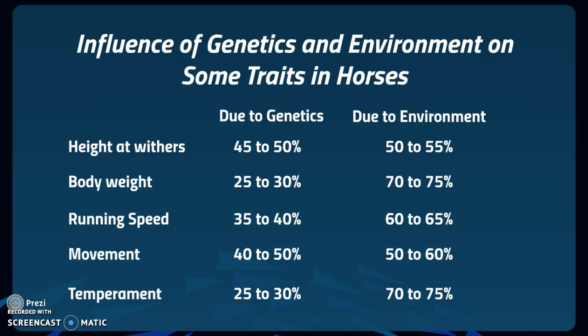Running speed, 35 to 40% due to genetics, 60 to 65% due to environment. Movement, 40 to 50% due to genetics, 50 to 60% due to environment. Temperament, 25 to 30% due to genetics, 70 to 75% due to environment.